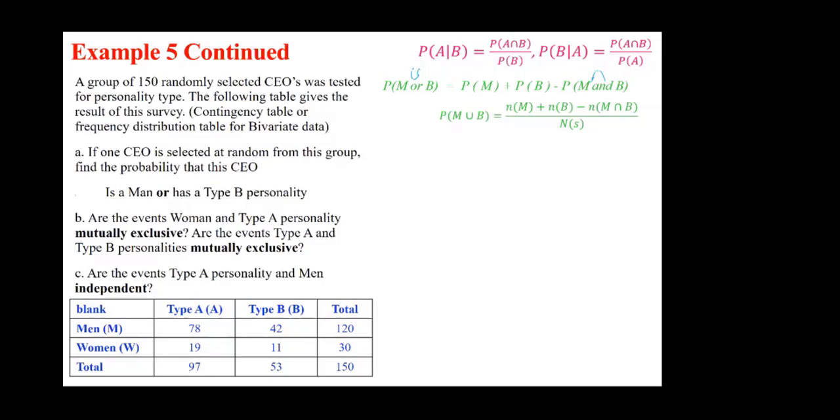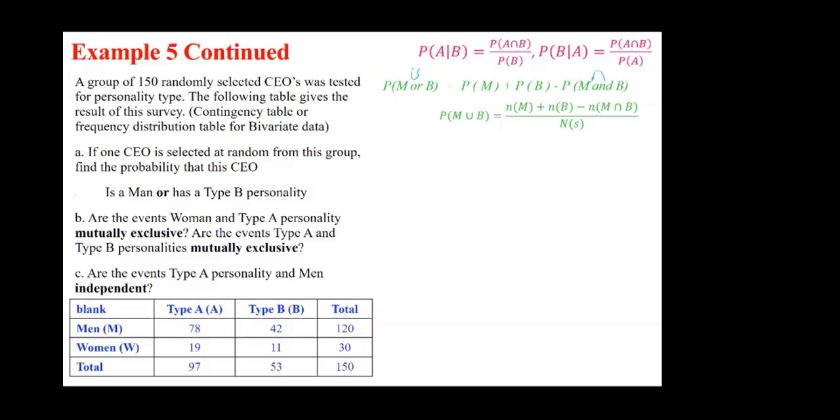And so what happens to the numerator is very simple. All we have to do is just put the numbers in. So we look for the M row, 120 total. N of B, we look for the B column, 53 total.